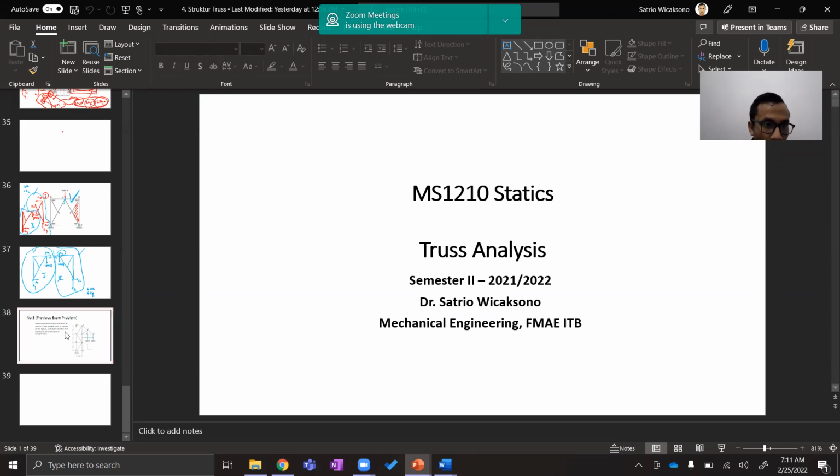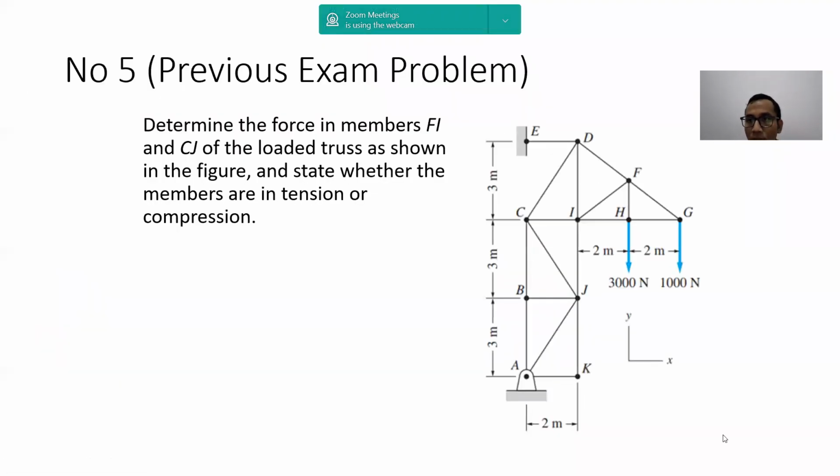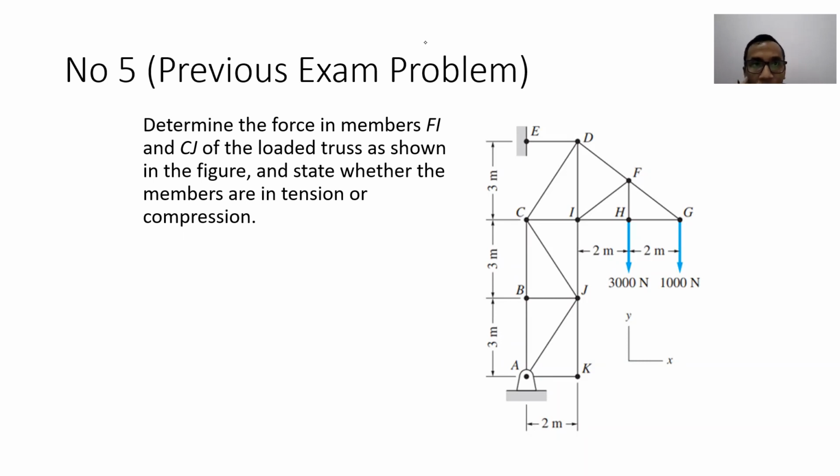So for today, I will continue with our discussion on the truss. This is one of the problems used in a previous exam. As you can see, it's a truss problem.